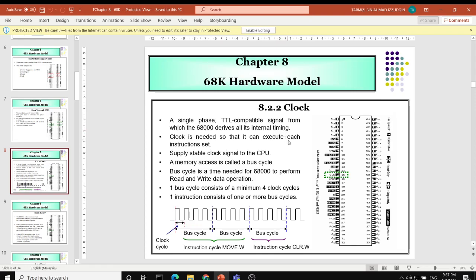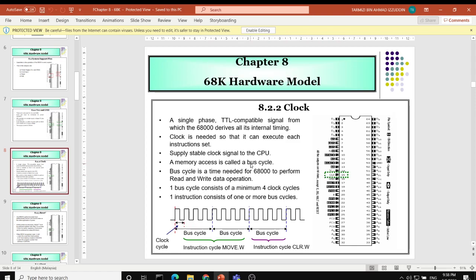So in every microprocessor, in every microcontroller, you need to have a clock which drives the timing for the microprocessor. The clock is needed so that it can execute each instruction. So basically you need to supply a stable clock signal to the CPU.